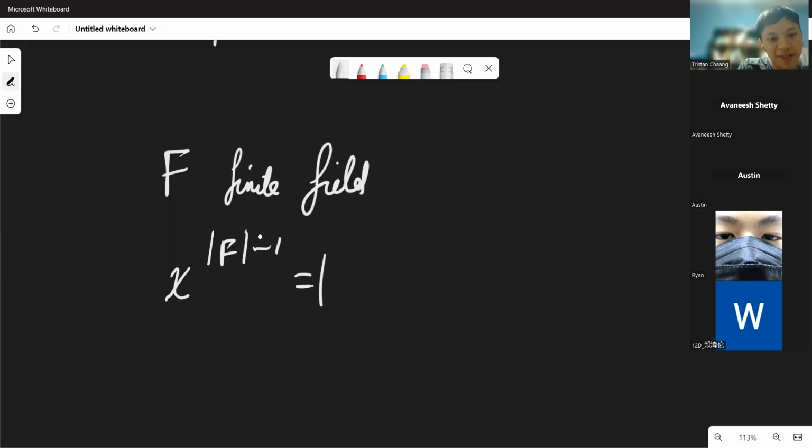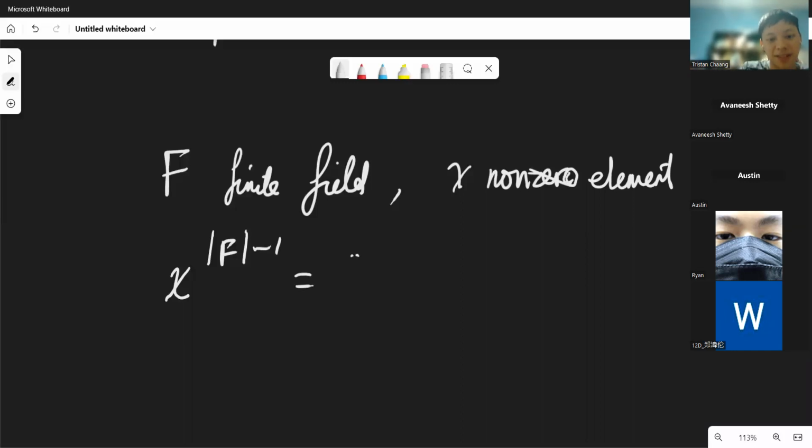So if F is a finite field and x is a non-zero element of the field, then x to the F minus 1 equals 1. Again, there's this flexibility in notation here. This one, I'm talking about the multiplicative identity of the field, which I should have written 1_F, but I'll just write 1. Who cares?